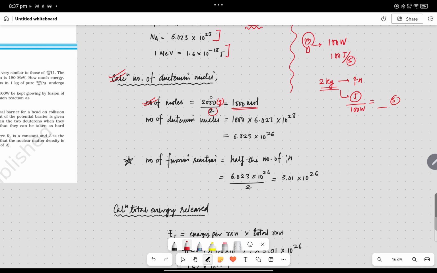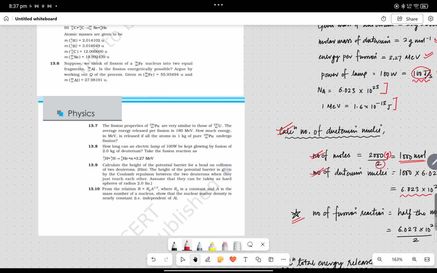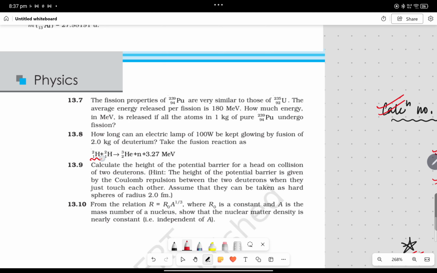So given mass by molecular weight, we are going to get 1000 mole. Then the number of deuterium molecules, after calculation, is 6.023 into 10 to the power 26. Then we also have to know that we are using two deuterium nuclei for one reaction.